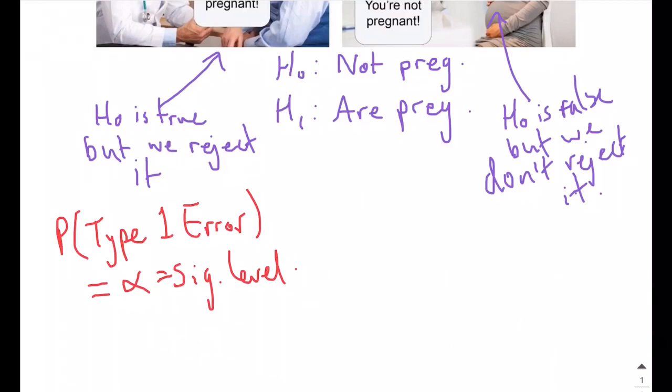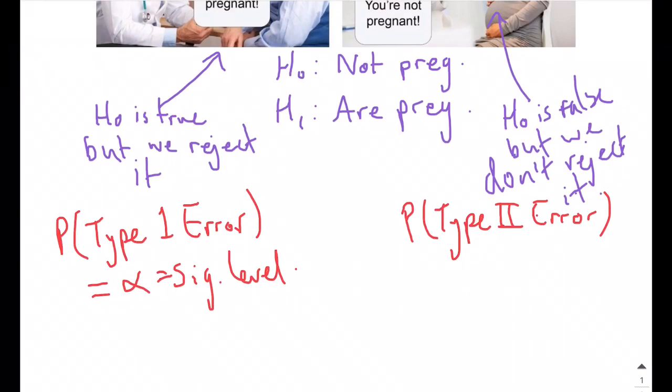Now, in a type 2 error, so the probability of a type 2 error, this is a bit different. Because in this case, we will need to know that H naught isn't true.